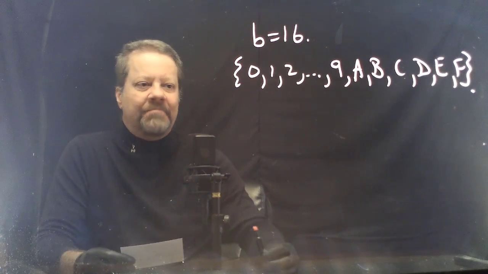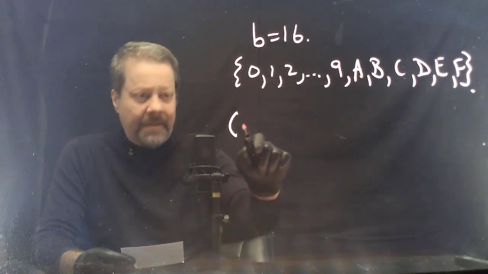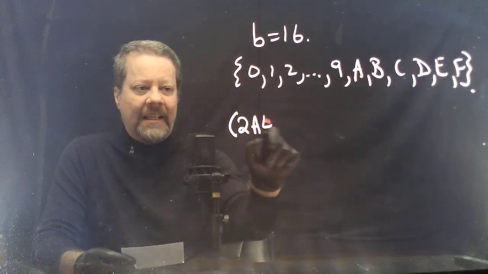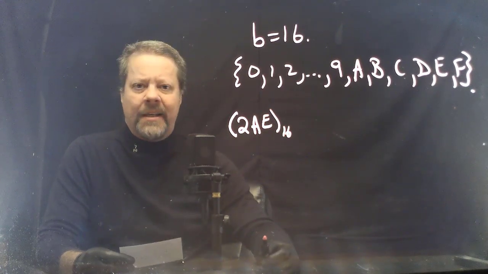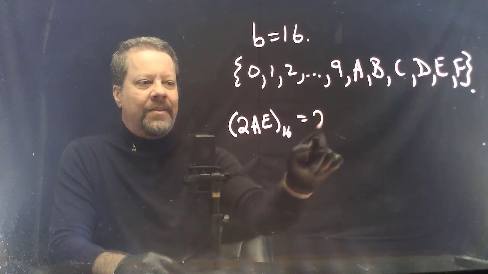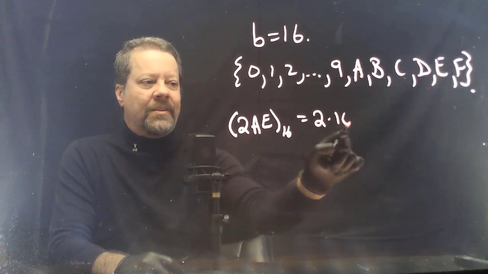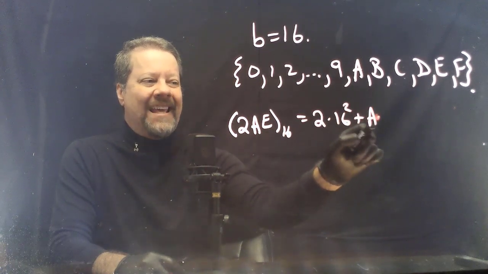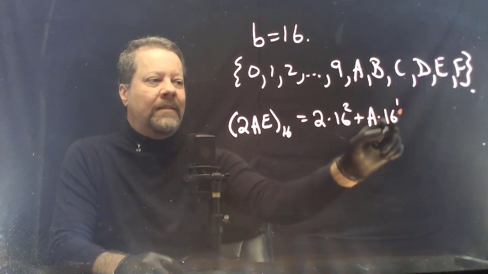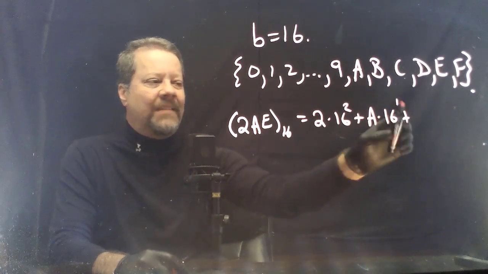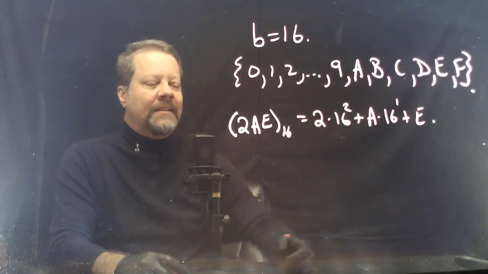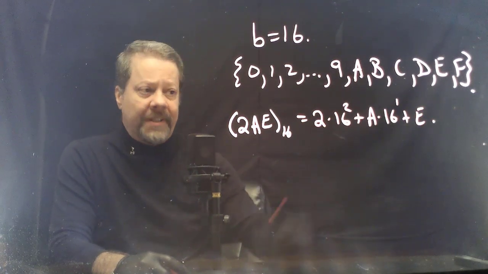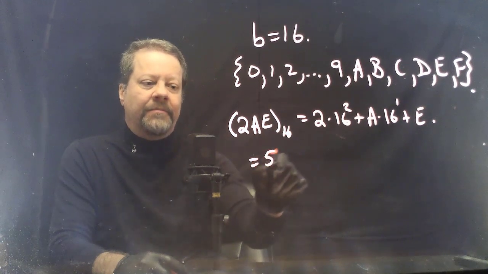Here's an example. Suppose I have a base 16 number 2AE. Let's convert this to base 10. This is 2 times 16 squared plus A times 16 to the 1 plus E on top of that. Well, 16 squared is 256 times 2 is 512.